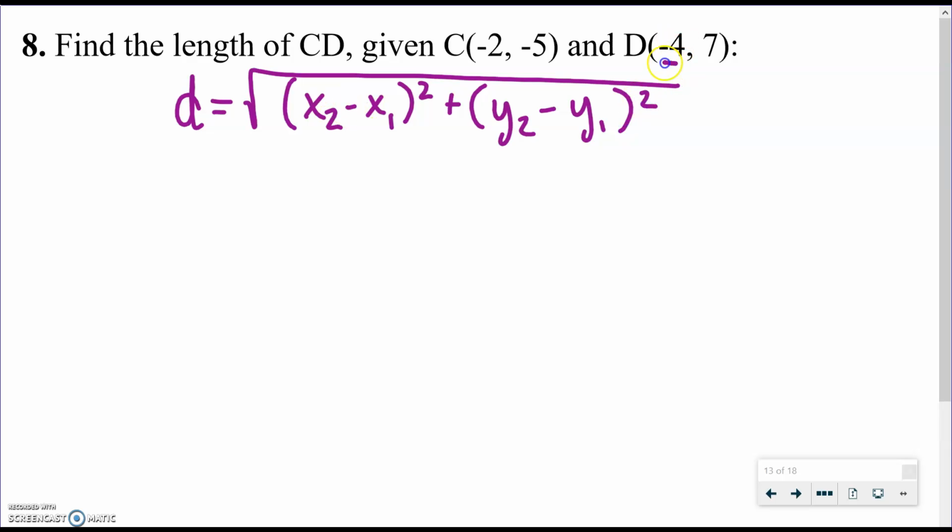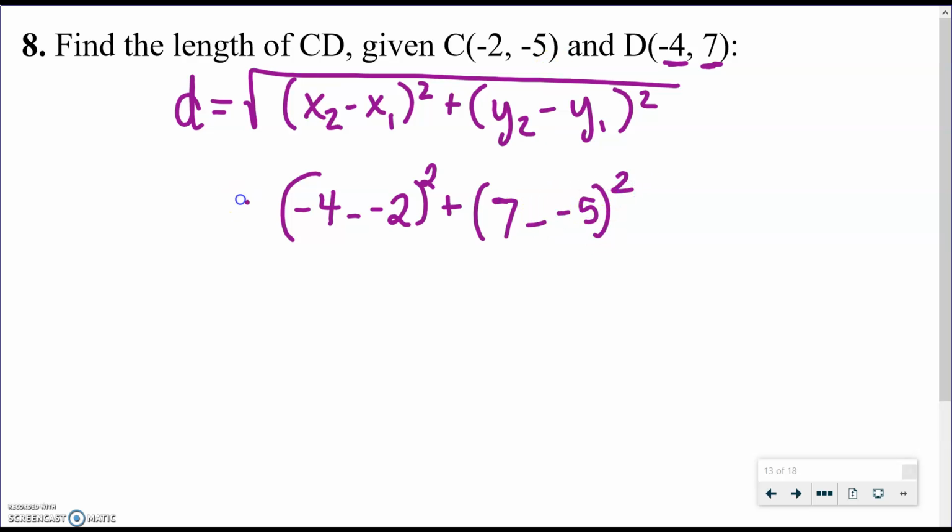My second x is -4, minus my first x, and my second y, which is 7, minus my first y, and then I take the square root of the whole thing.